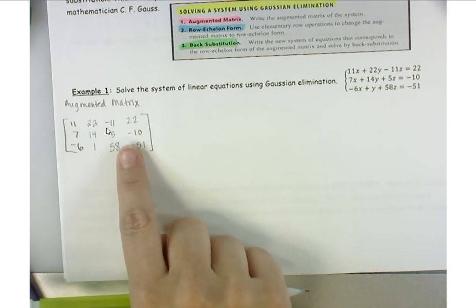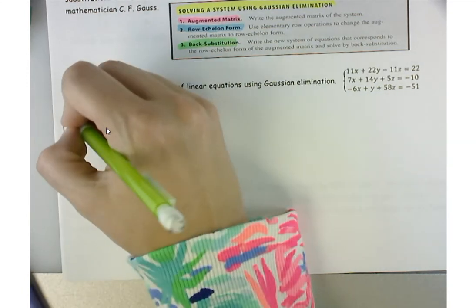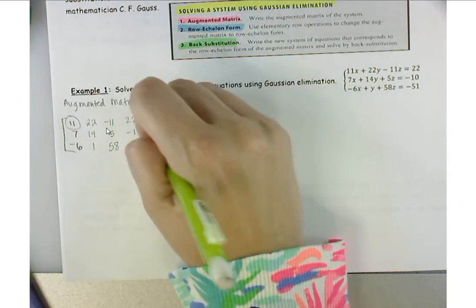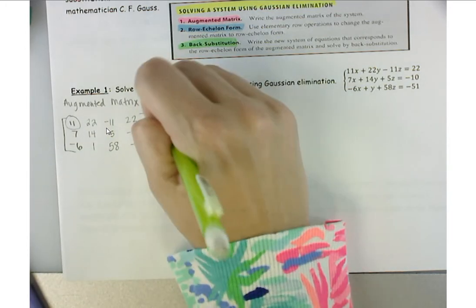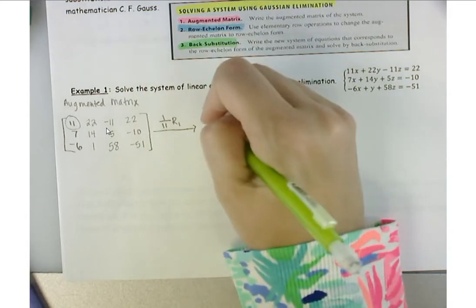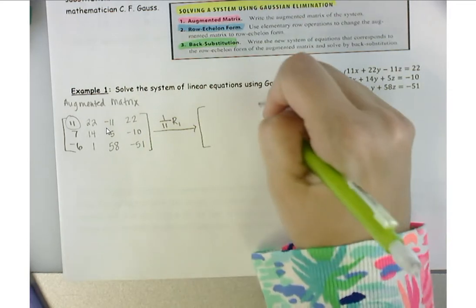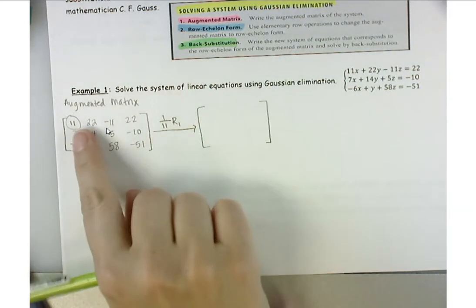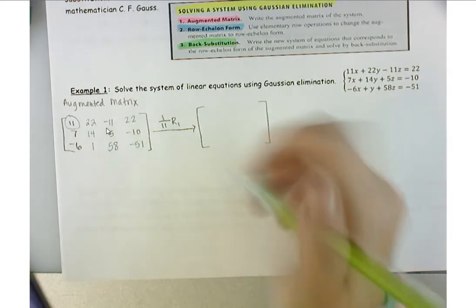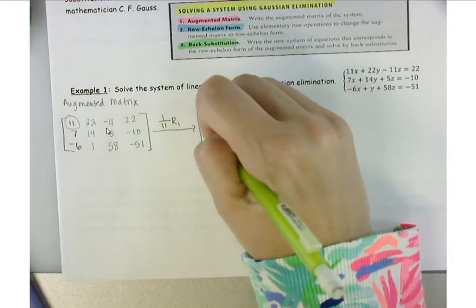Okay, so the first thing we want to do is obtain a 1 in the top left corner. How can we do that? Okay, good. So Colin, what's the reciprocal of this? Good. And why is that going to be especially nice for us? They're all multiples of 11 in the first row, aren't they? So that's going to be really nice because we're going to have all whole numbers.